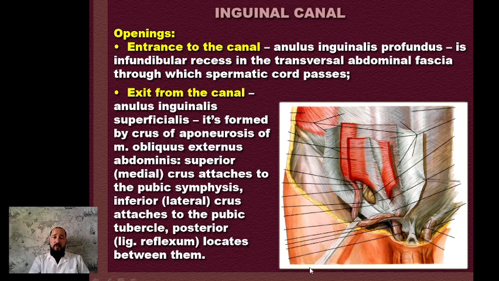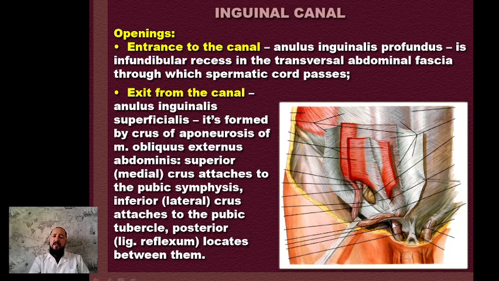An exit from the canal, annulus inguinalis superficialis, superficial inguinal ring, is formed by the crus of aponeurosis of musculus obliquus externus abdominis, superior medial crus attached to the pubic symphysis, and inferior or lateral attached to the pubic tubercle. Posterior, ligamentum reflexum dislocates between them.